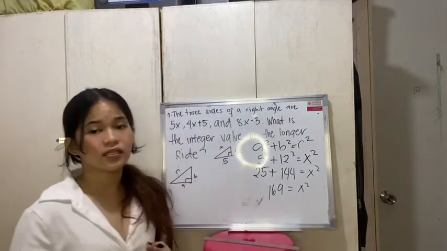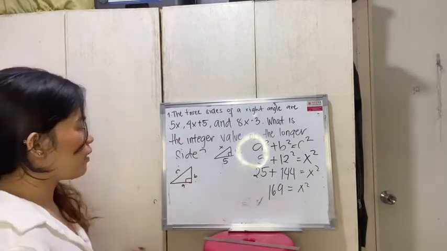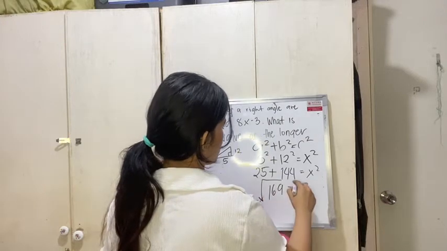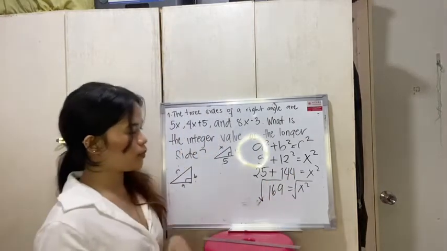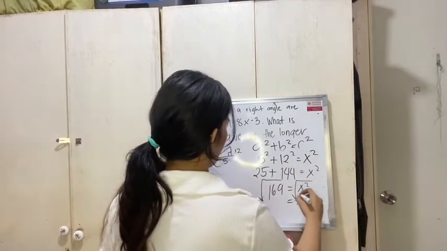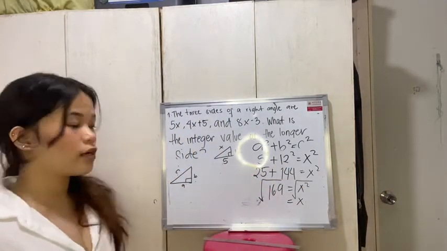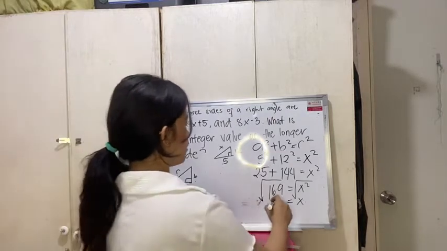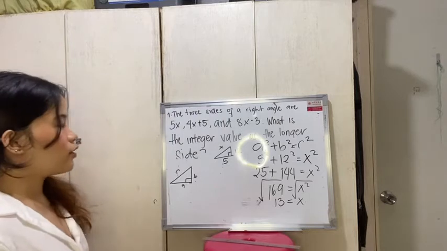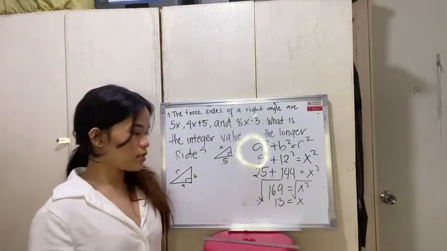Our next step is to find the square root of both sides. The square root of x squared is equal to x, and the square root of 169 is equal to 13. So the length of our hypotenuse is 13.